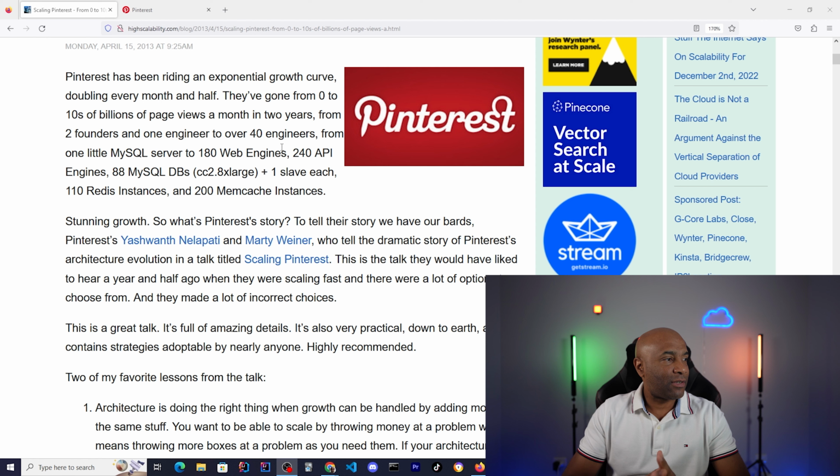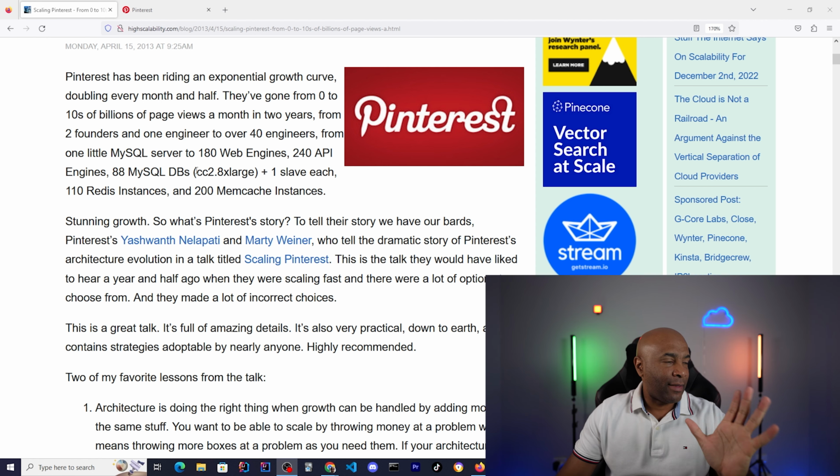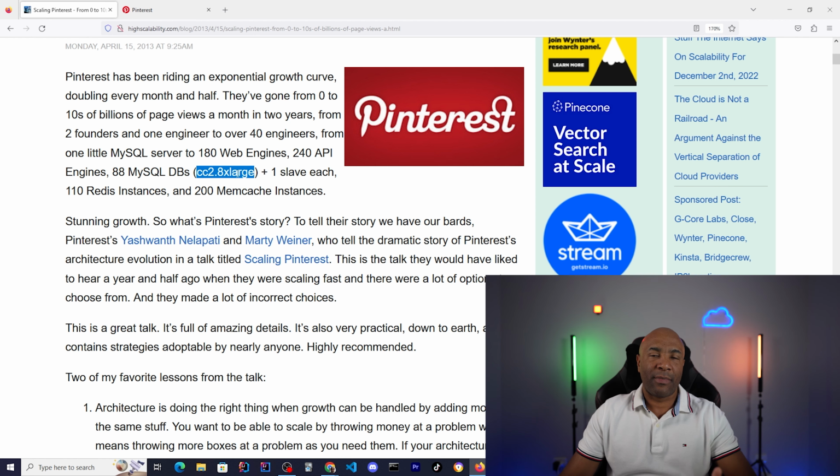From 2 founders and 1 engineer to over 40 engineers, from 1 little MySQL server to 180 web engines, 240 API engines, 88 MySQL databases, and then they describe here the kind of instance they are using: CC2 8x large, that's an EC2 instance for Amazon Web Services, plus 1 slave each, 110 Redis instances and 200 Memcached instances.